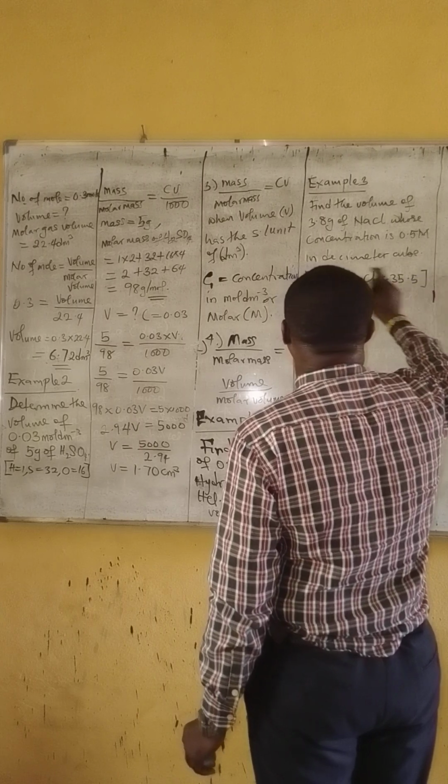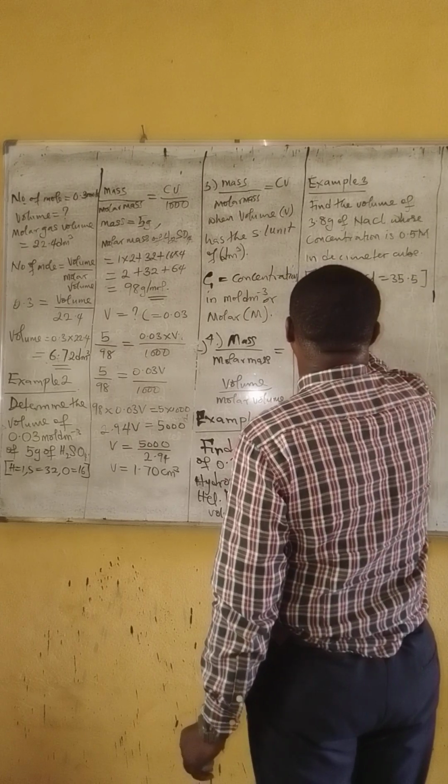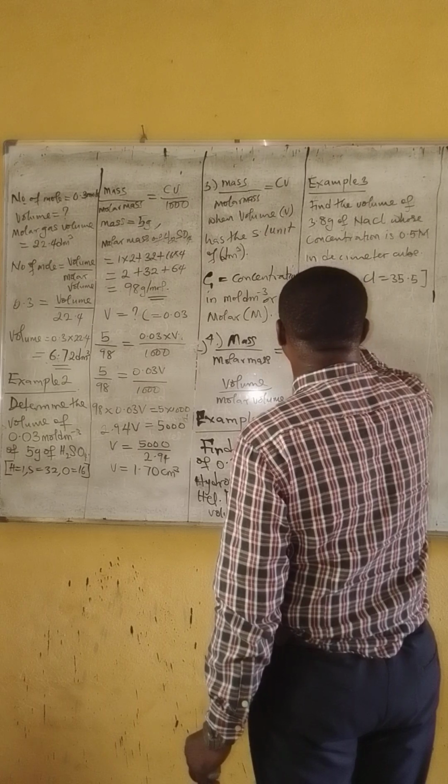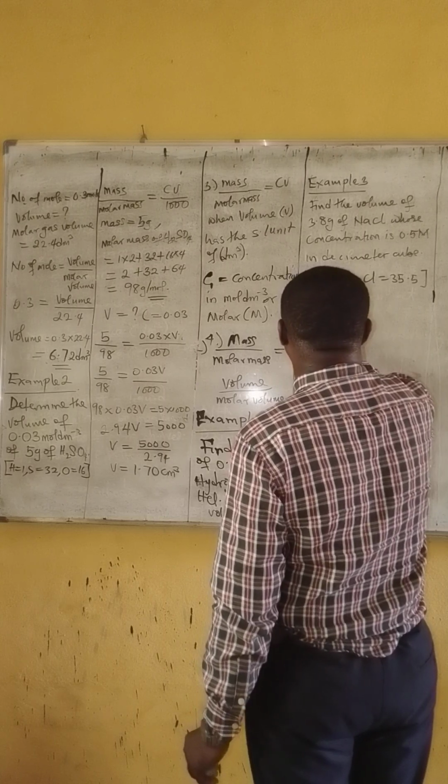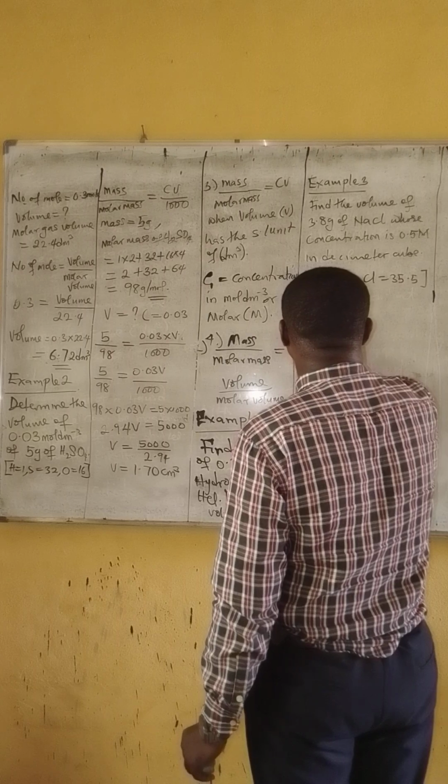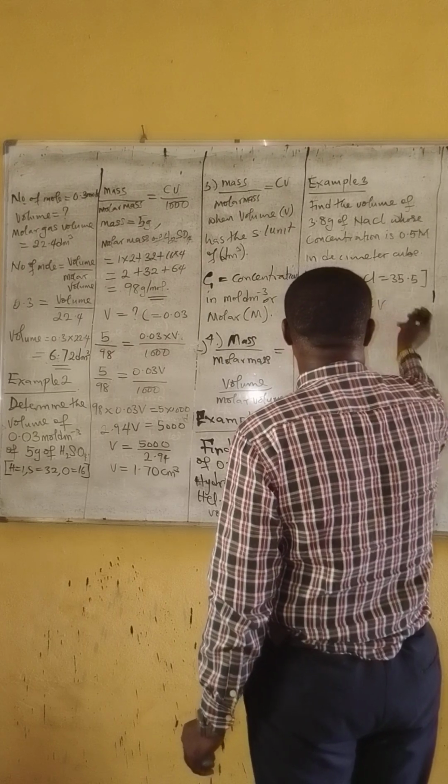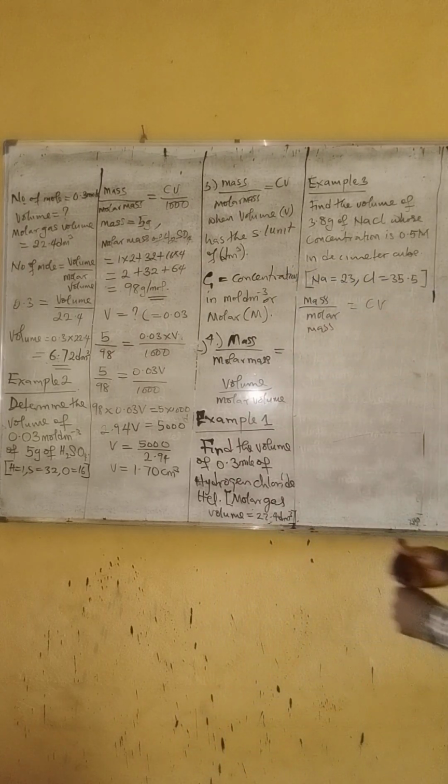Then, from here, the formula to use is mass over molar mass is equal to CV, not over 1000, because the volume is required in decimeter cube. They might not say in decimeter cube, but what if the question is an OBJ question and the SI units of all the options there are in dm cube? Then it is time to use this particular formula.